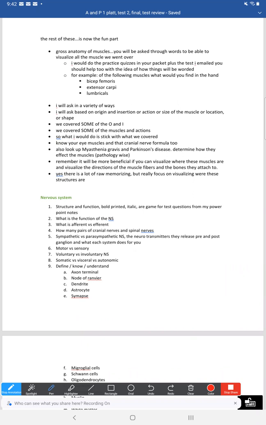Let's take another one: the size of the muscle. Of the following muscles, what would be the largest muscle found in the posterior pelvic region? Gluteus maximus, gluteus minimus, gluteus medius, or piriformis? Gluteus maximus.